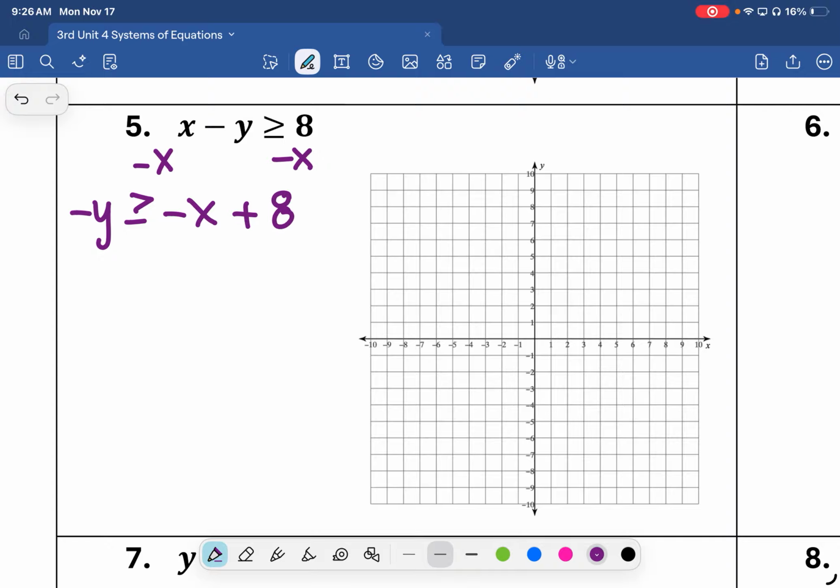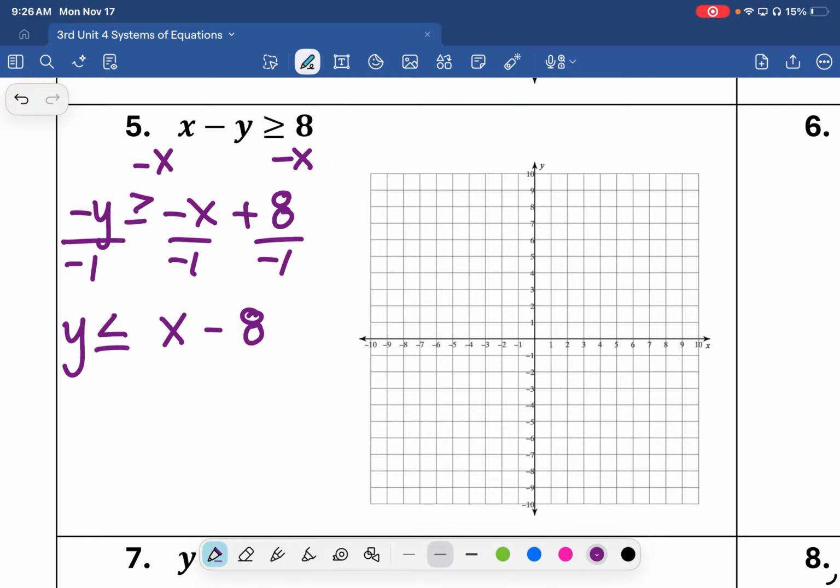Now what? Divide by negative 1. So what happens to our inequality? It flips. So we have y is less than or equal to, a negative and a negative make a positive. Then 8 divided by negative 1 is negative 8.